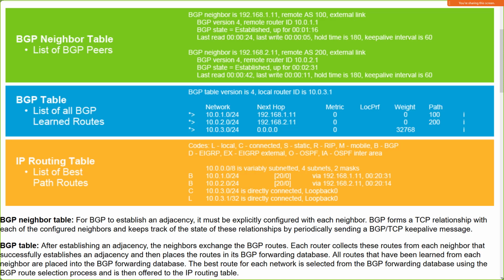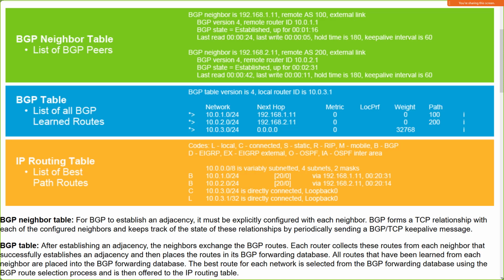And see the weight column here? Remember we talked about weight? 32768 is the default weight for routes that I originate. 0 is the default weight for routes that originated from somebody else.